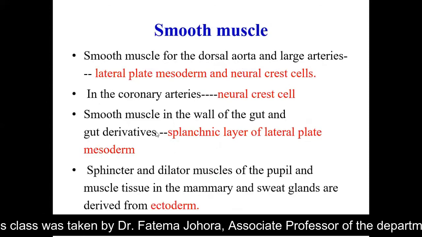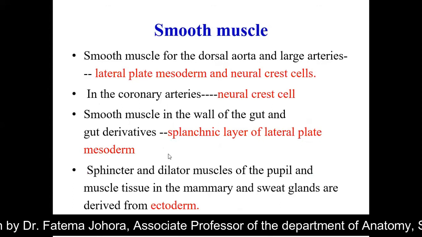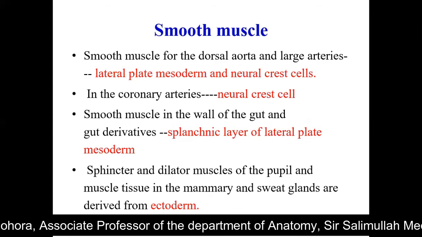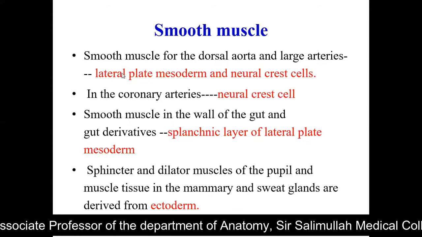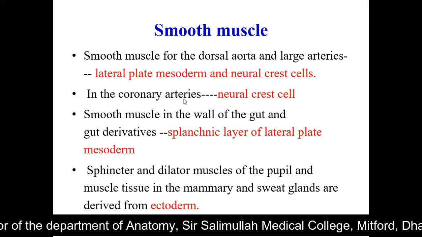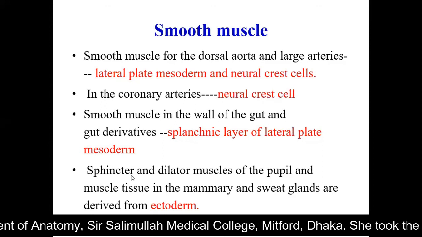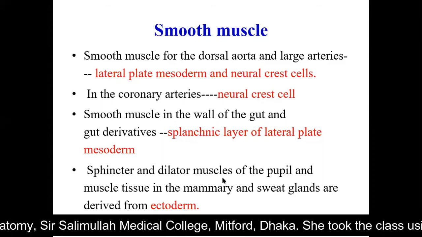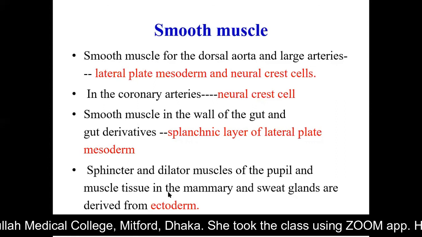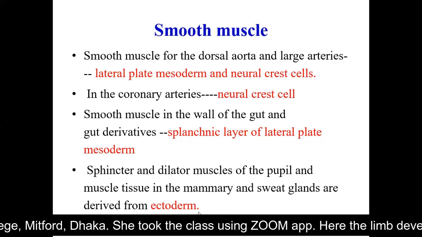Smooth muscle. Smooth muscle, we know, comes from the splanchnic layer of lateral plate mesoderm in most cases, but there are some exceptions. In the case of coronary arteries, the tunica media comes from neural crest cells. And the sphincter pupillae and dilator pupillae, muscles of the pupil, and the muscle tissues present in the mammary gland and sweat gland come from ectoderm.